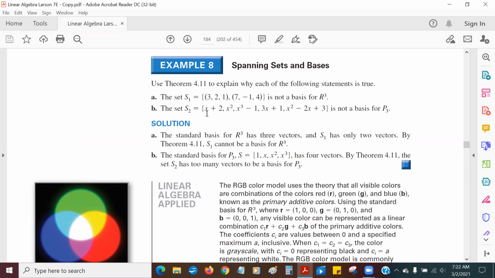Similarly, S2, which is x plus 2, x squared, x cubed minus 3, 3x plus 1, x, has 1, 2, 3, 4, 5 vectors. Again, 5 is greater than 4, so S2 must not be a basis.